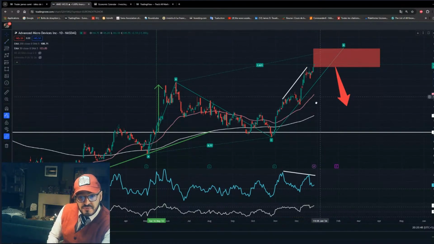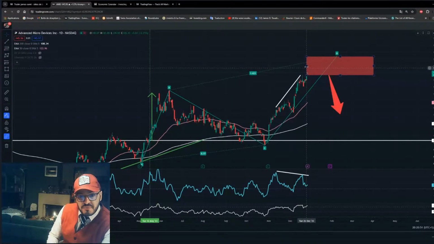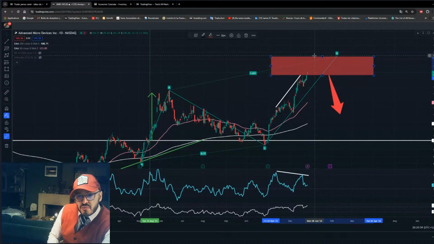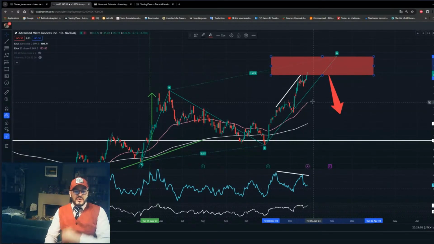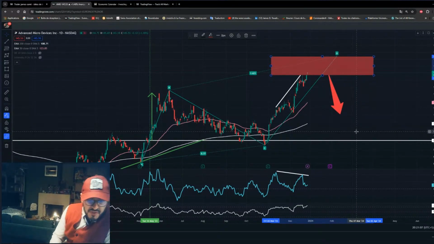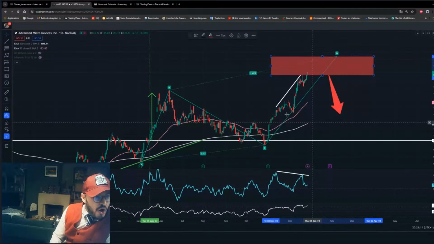So be careful. We are close. We are on my PRZ zone, so we can go here, or the maximum can be 157. Now we are on the PRZ zone, so we can reach the EMA here around 123 and 108 with the EMA 200.